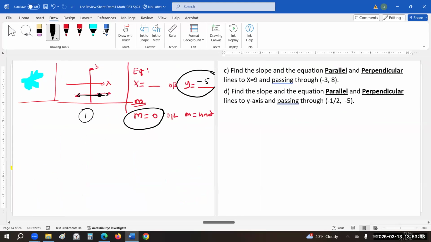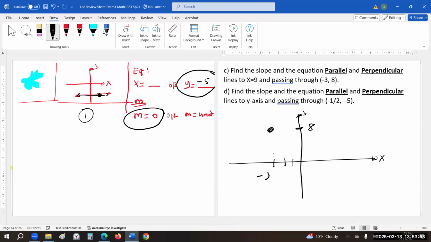14C. Okay, so again, we need a graph. They give you the point -3, 8. So 1, 2, 3, and let's say this is 8, so we have a point somewhere here.